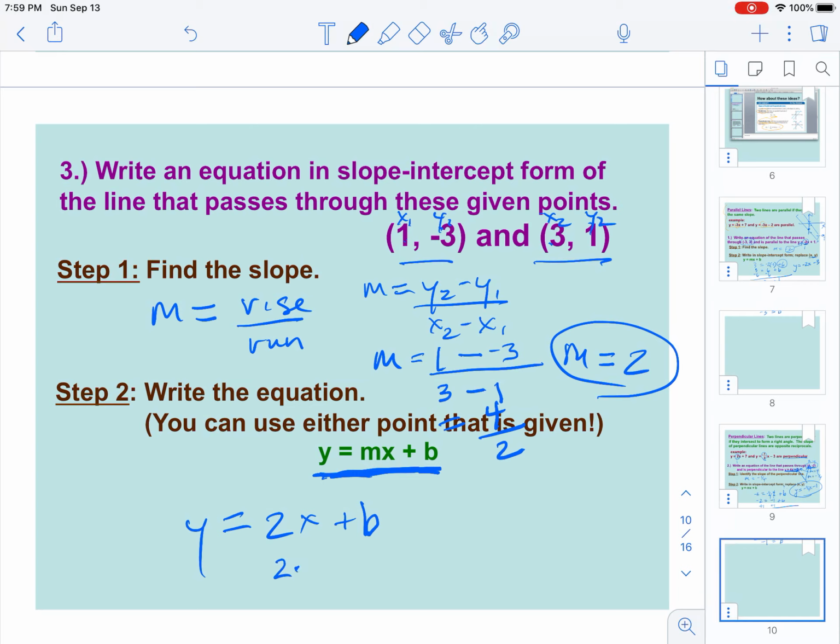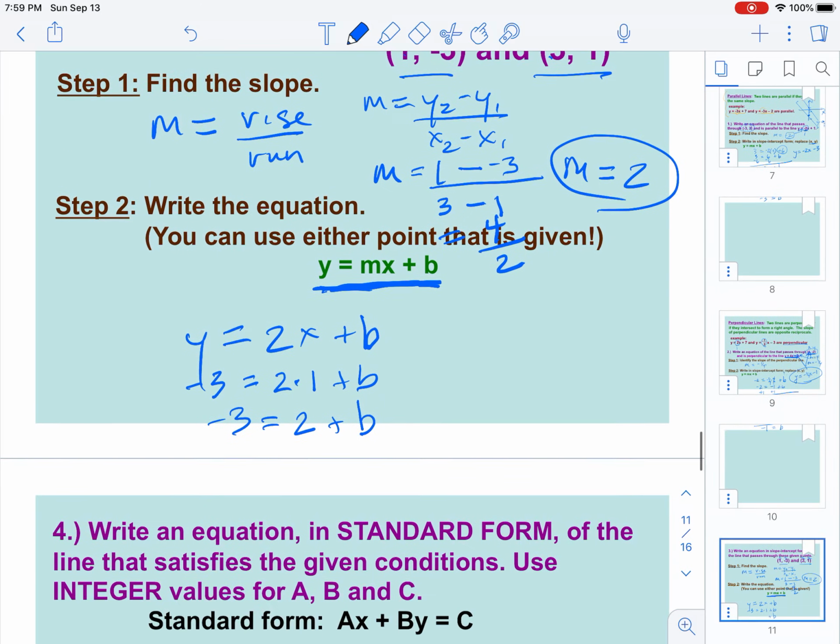So I know this is going to be 2 times 1 equals that -3 plus b. So then this ends up with b plus 2 times 1 is 2 equals -3. When I subtract 2 over here, it looks like b is going to be equal to -5.